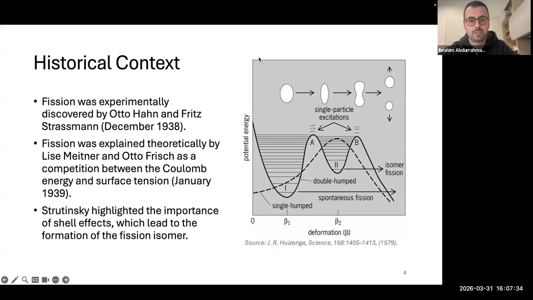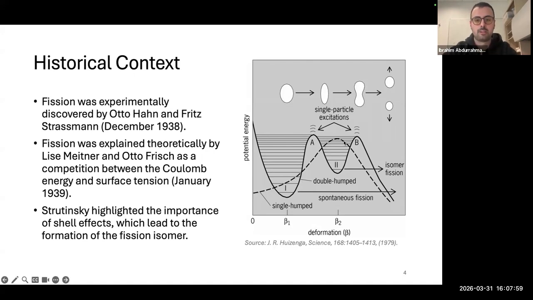So if you can see my mouse, you'll see a line going down, which is the contribution of the Coulomb term to the total energy. And the surface tension, because the volume is preserved, is going to go up because you're going from a more spherical object to a more elongated object.